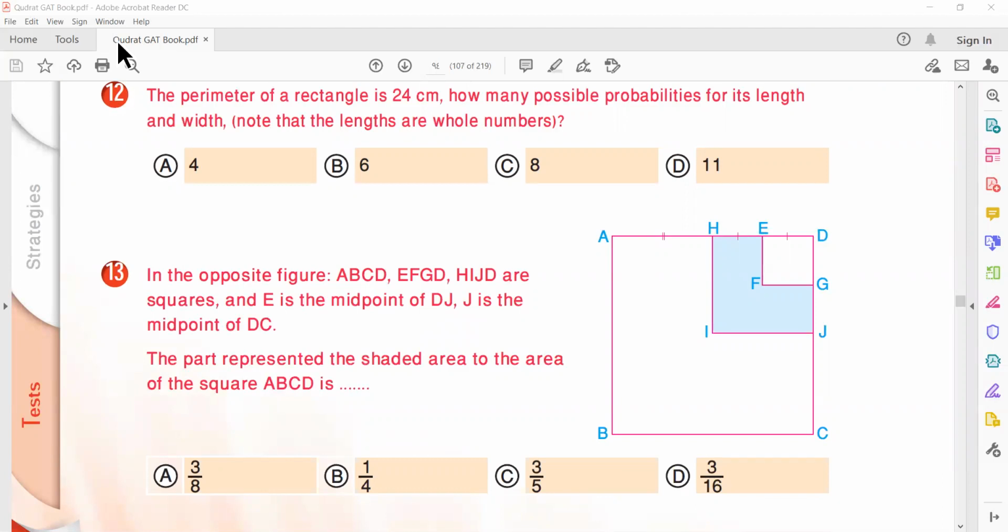The part represented by the shaded area to the area of the square ABCD is what? He wants the shaded part area.